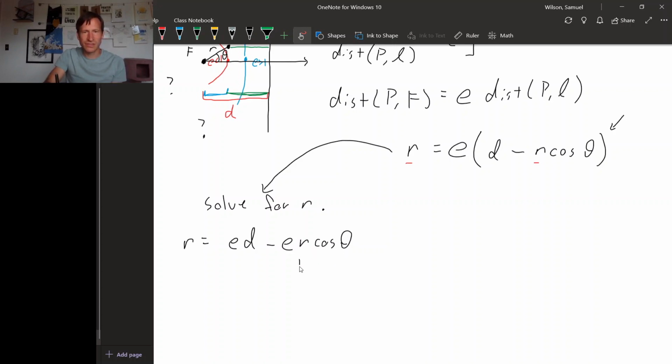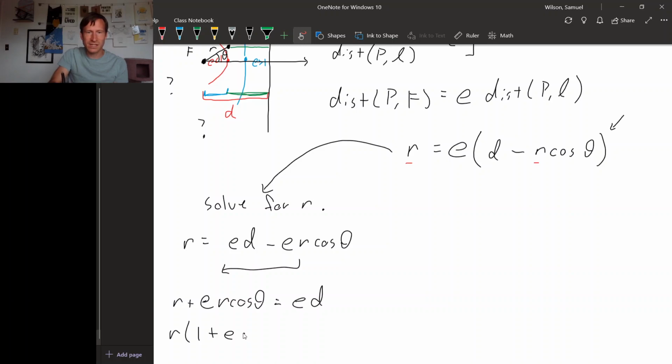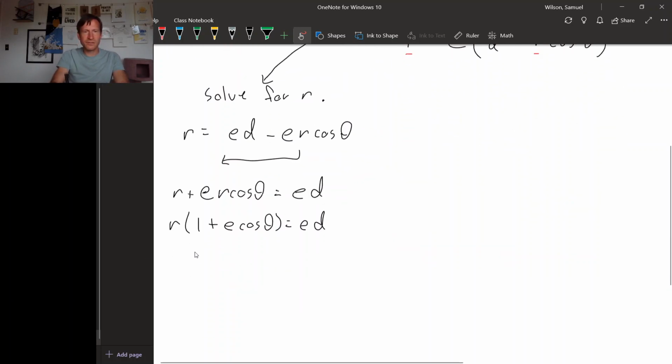And then move this part with r to the left, and we get r plus er cosine theta equals ed. And then on the left-hand side, we can factor out r: r times 1 plus e cosine theta equals ed. And then finally divide to get r by itself. We get r equals ed over 1 plus e cosine theta.